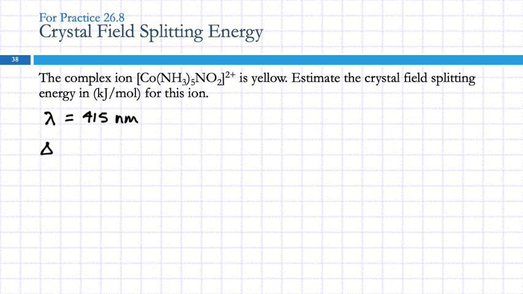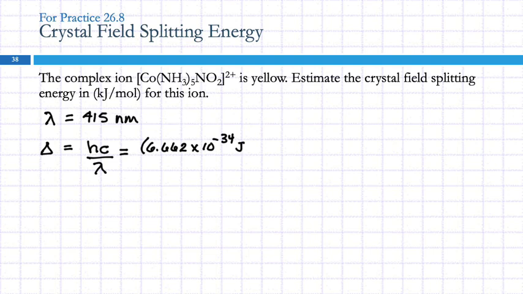Now the equation is hc over lambda. H is Planck's constant. No, I think it's 6.626 times 10 to the minus 34. And, oops, I forgot the units.